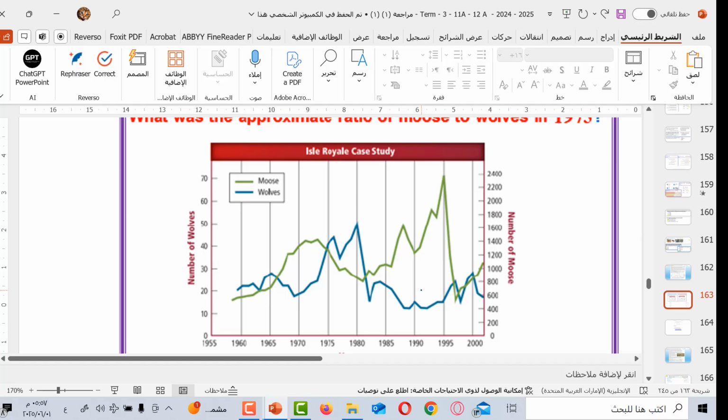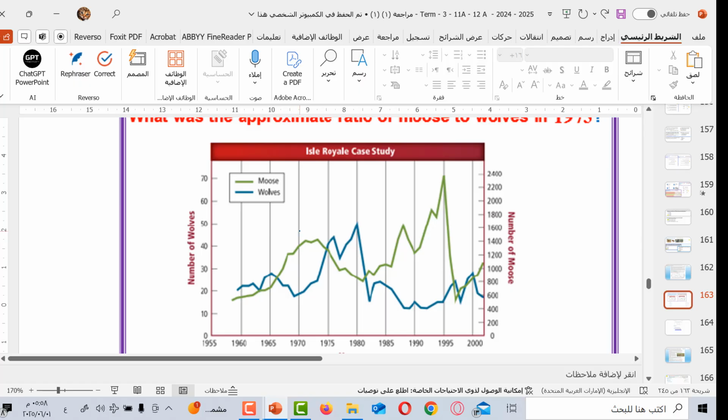Okay, the number of moles, maybe as I say, 1300. Okay, this is the moles. And the wolf here is nearly 40, maybe 40, maybe 39, like that.